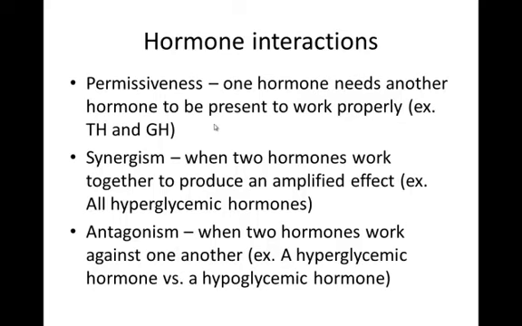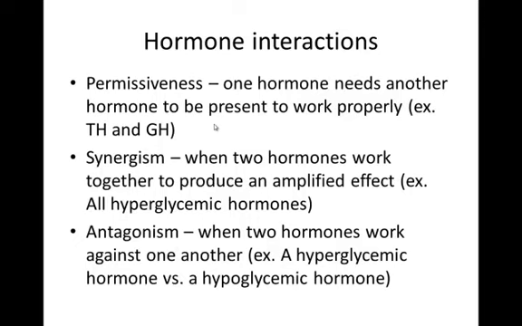The best example would be thyroid hormone, because it works with so many other hormones. TH stands for thyroid hormone, and growth hormone. When you're growing, if you don't have thyroid hormone and growth hormone together, you're going to be a little person. Basically, thyroid hormone affects all your other hormones. So take thyroid hormone away and you're going to be a mess.